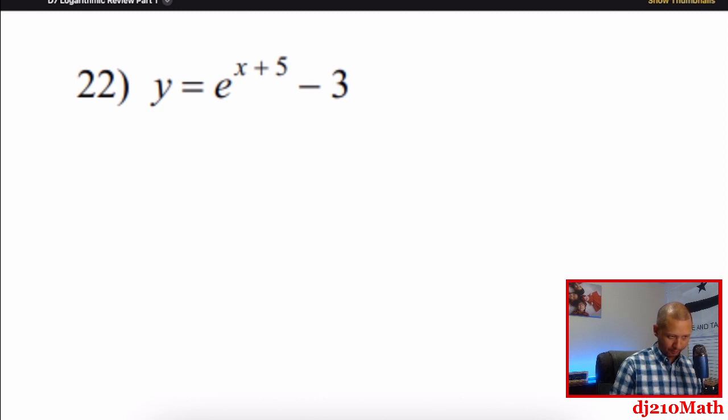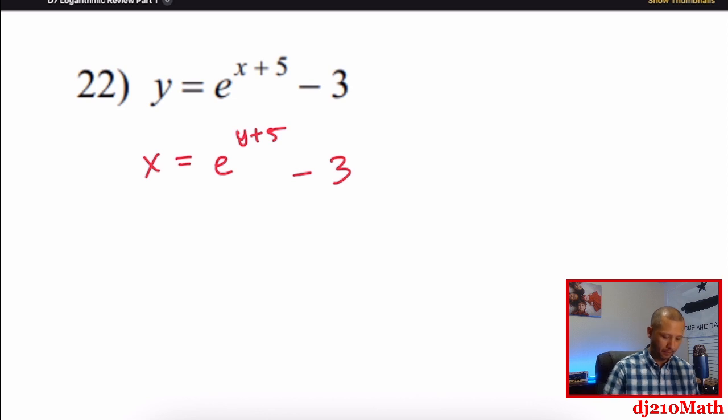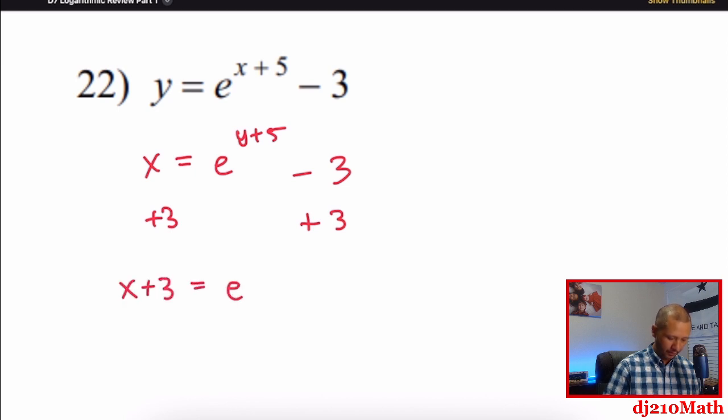Switching x and y. I'm going to add 3 to both sides. So x plus 3 equals e to the y plus 5.